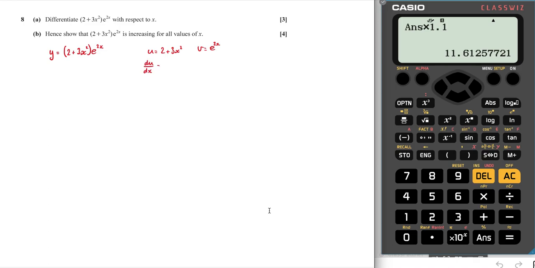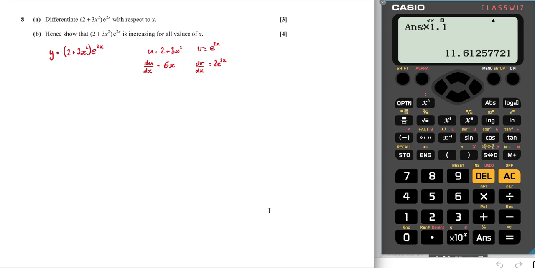du by dx is, the 2 just disappears, so that's going to be plus 6x. The v is going to become dv by dx, and that is going to be 2e to the 2x. You're not given the product rule on the formula sheet. That'll be the quotient rule you get. Luckily, the product rule is dead simple. You just u dv dx plus v du dx. It doesn't matter which way around you do it.